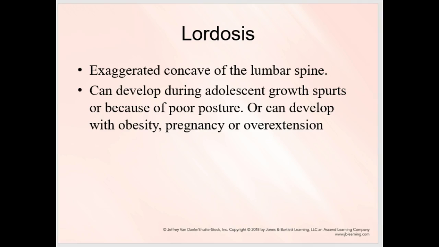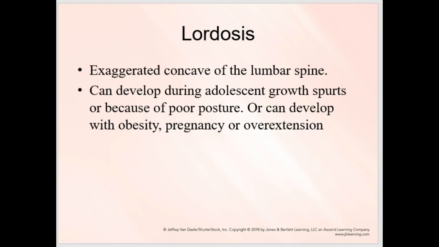We'll see this, and as soon as I give this example, you'll understand. Gymnasts, they have that really increased frontward curve or concave curve of the lumbar spine because they hyperextend their lumbar spine so often. So they're prone to fractures in their lumbar vertebra if they keep over exaggerating that lumbar curve.